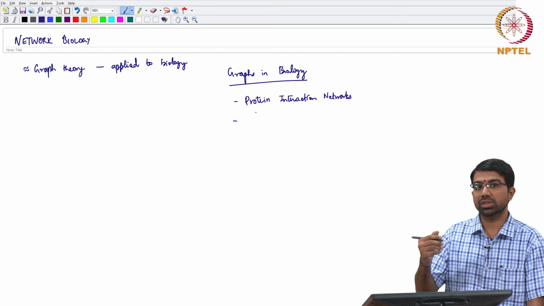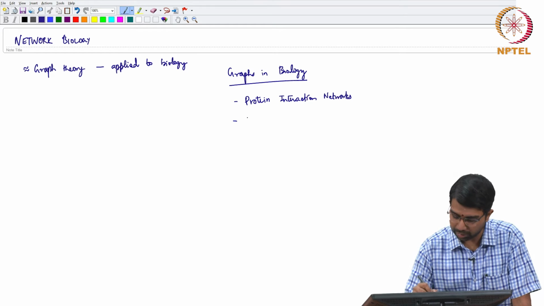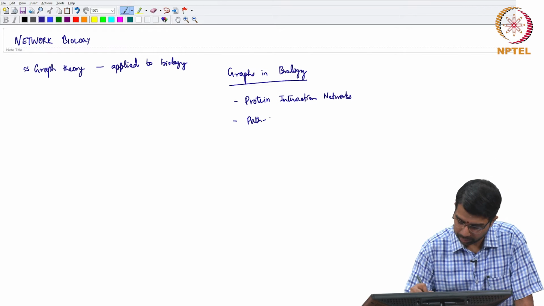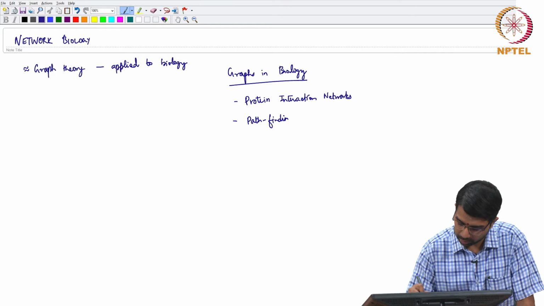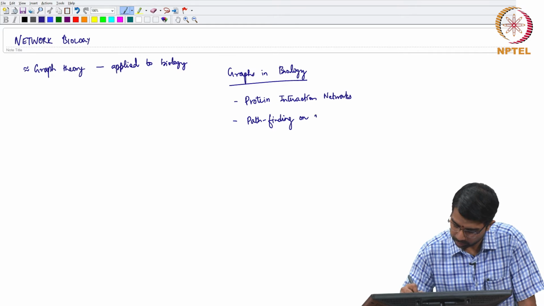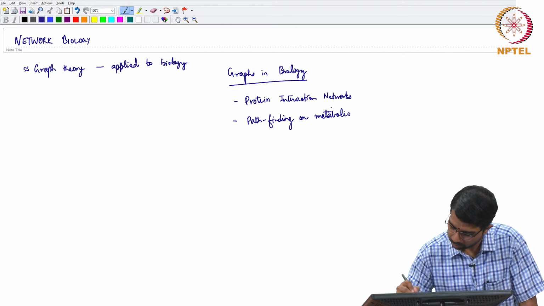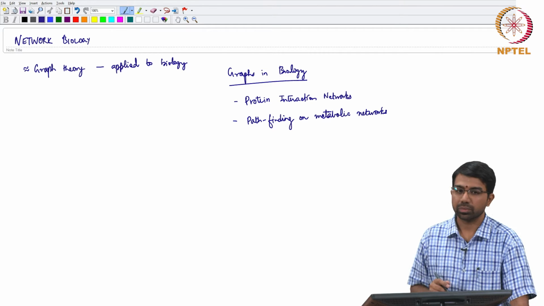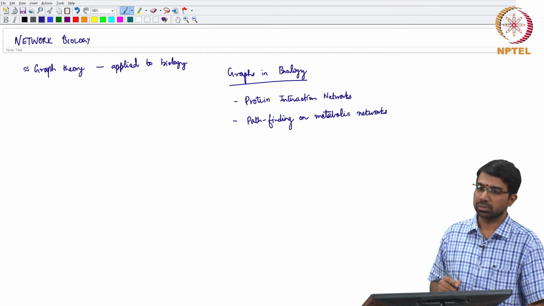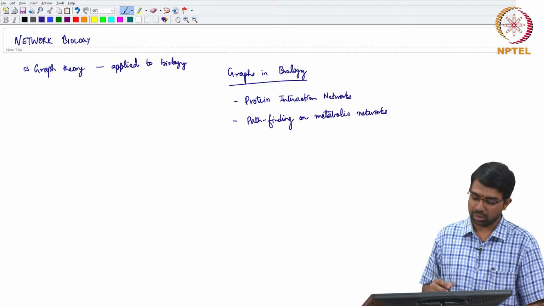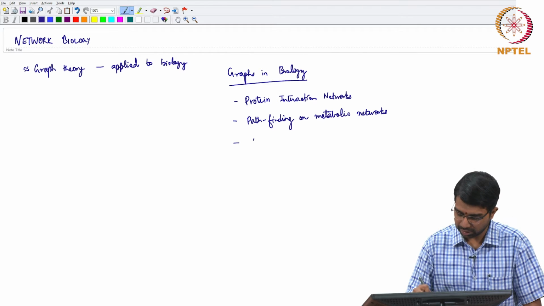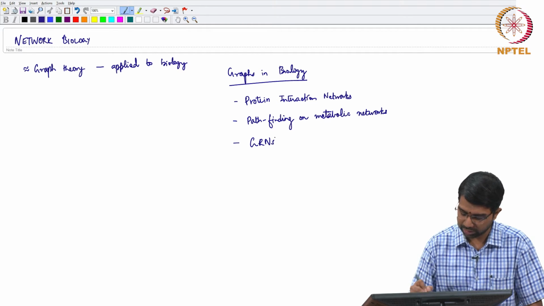So, maybe we want to do path finding in metabolic networks. What else? Gene regulatory networks. So, there are different types of networks, I will just say GRNs.